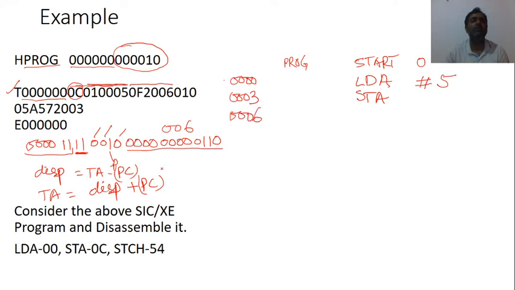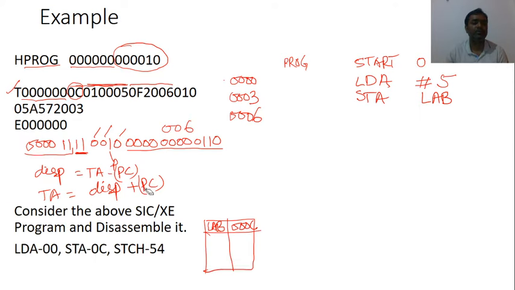That will be the content of PC. So what will be the target address? 0006 plus 0006, that will be 000C. So our target address is 000C. And what is the name of the label at 000C? I don't know, so I am writing here that the name of that label is lab at the address 000C. And here I am writing STA lab.